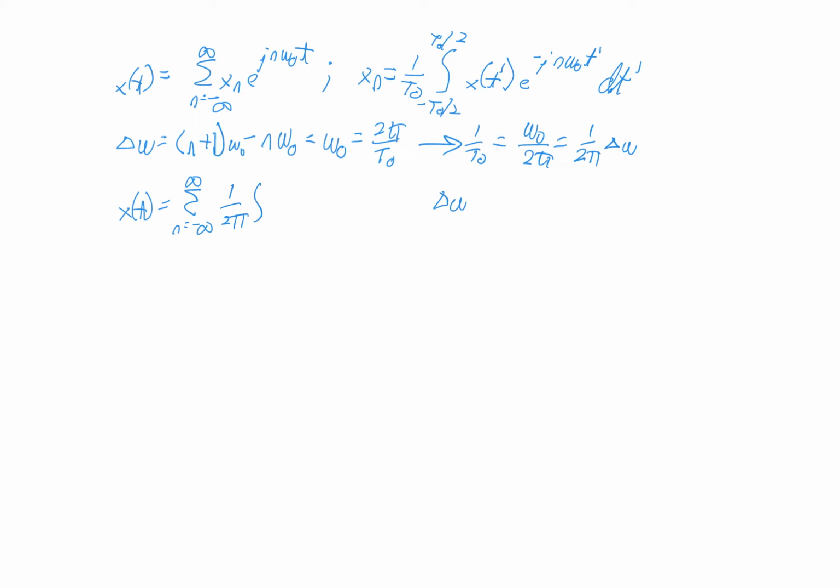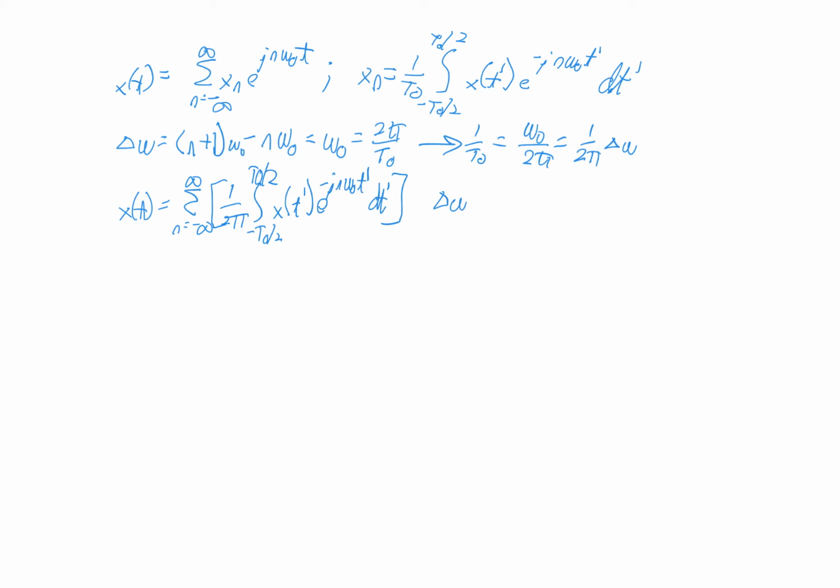So for x sub n, I have the integral from negative t naught over 2 to t naught over 2 of x at this time variable, times the exponential e to the minus j n omega naught times the time variable.